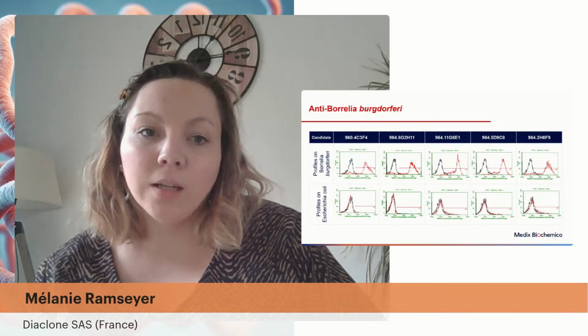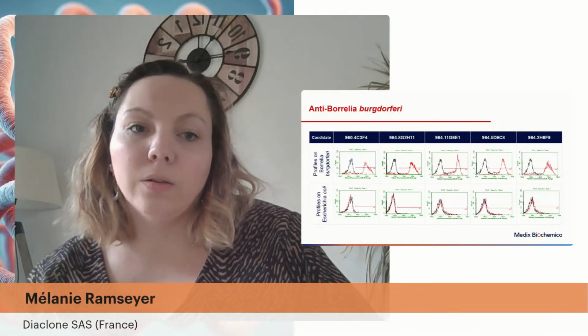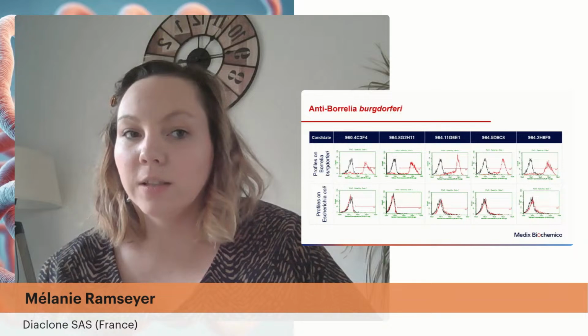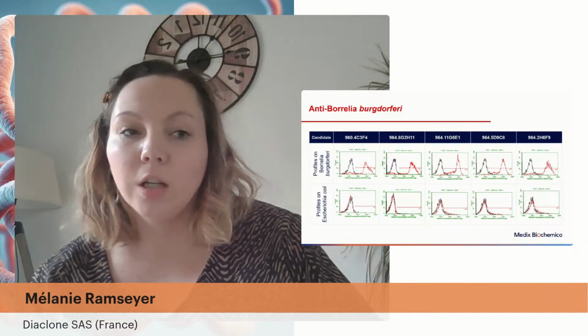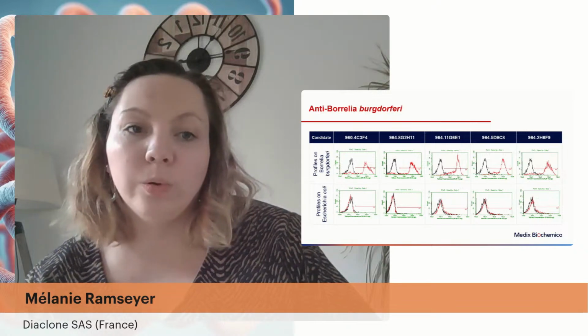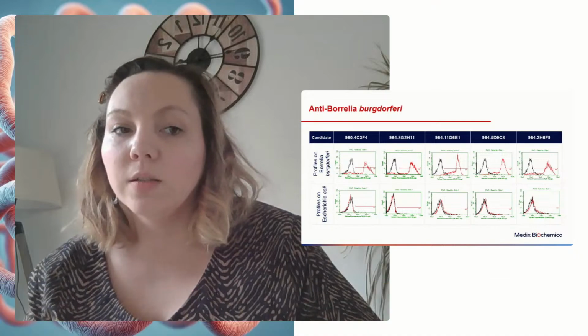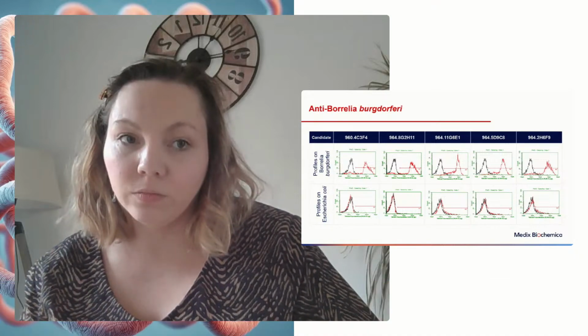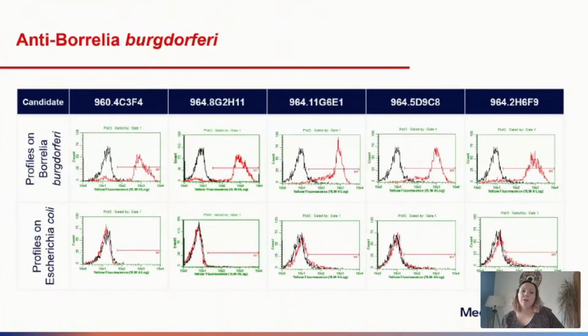Ideally, we would like to know whether the 5 candidates are specific to Borrelia burgdorferi strain or share some epitope with the other strains of Borrelia. To check this, we are waiting for the other strains to be produced by our supplier.